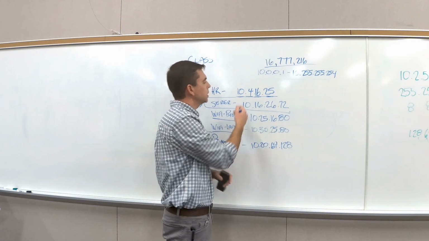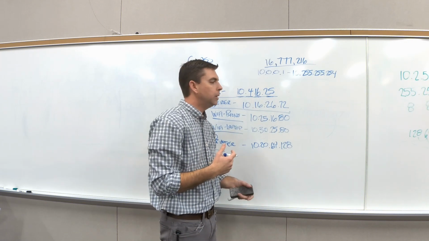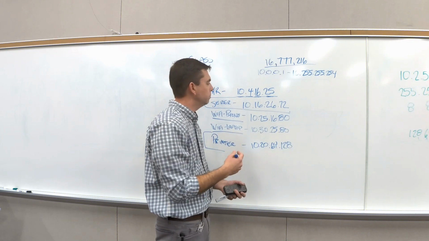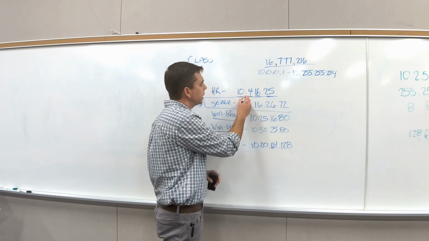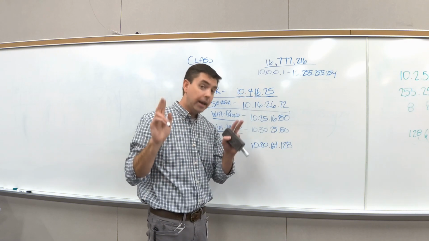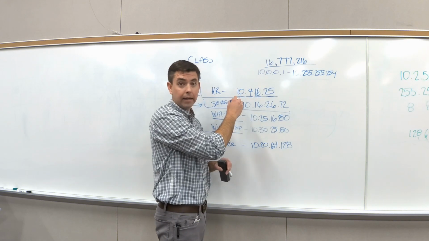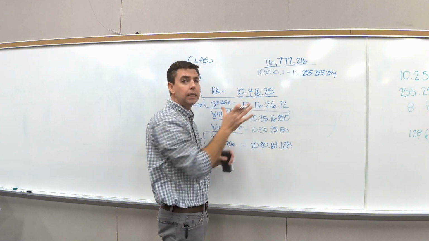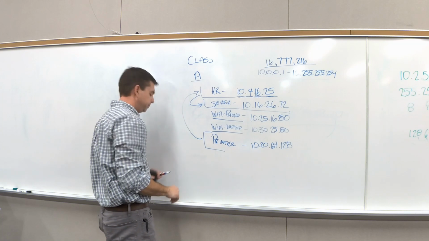So let's say this HR computer is 25, another computer joins, the business services computer, it's .15. But they all have the 10.4.16 network address. We've taken this giant network of just 10 and broken it up and said, okay, this whole section right here is the network address. All right.